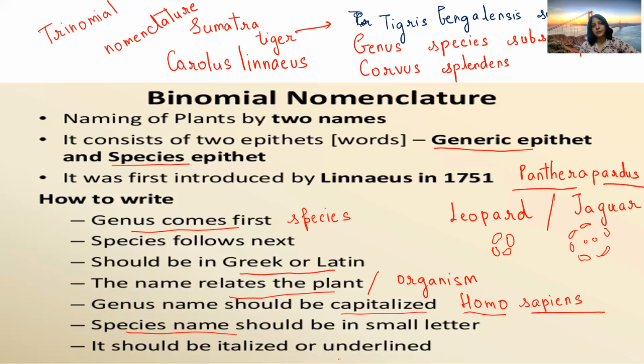Now, once we have named the organism, we have to get the name approved by certain bodies, certain organizations, which take care that all the scientific principles are followed. And once it is approved, the organism is officially recognized by that name and it is published in the journals where other scientists will come to know of that.